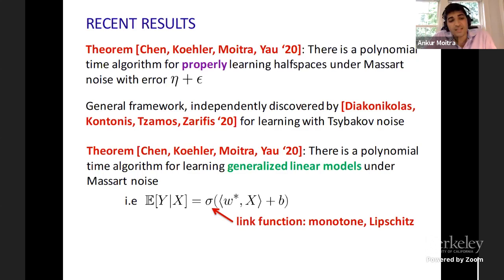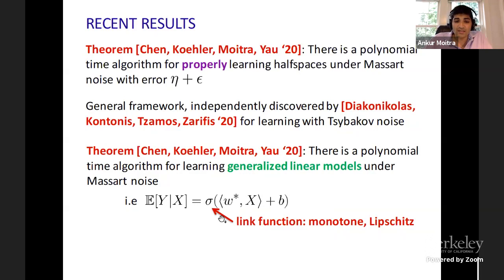One of the cool upshots of this general framework is that it also works for much richer families of hypotheses. There are pretty interesting things beyond half spaces that you can still do under Massart noise. For example, there's something called a generalized linear model that we actually saw in Lenka's talk about an hour ago. A generalized linear model has an unknown vector W star, and for each data point X, we take the inner product between W star and X and add the offset B, the same setup as a half space.